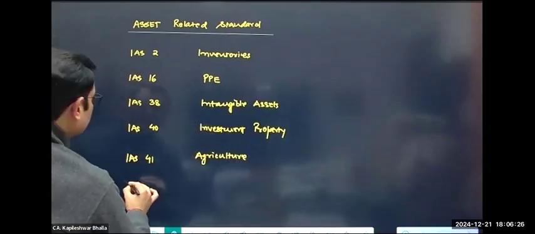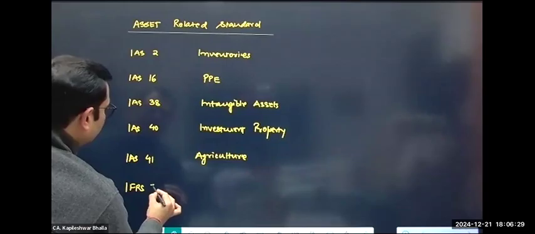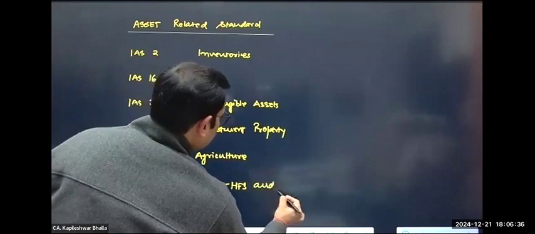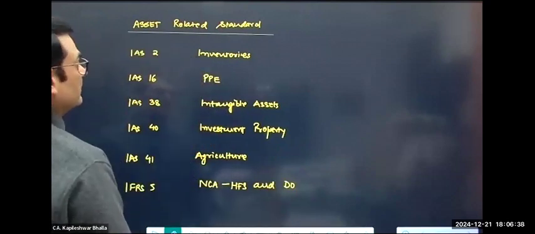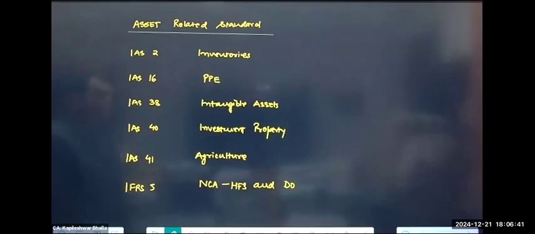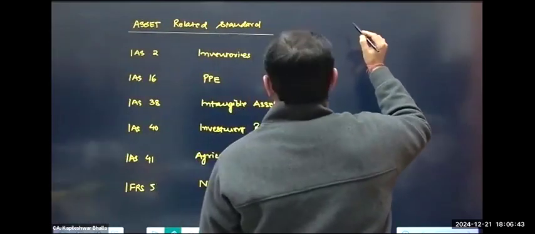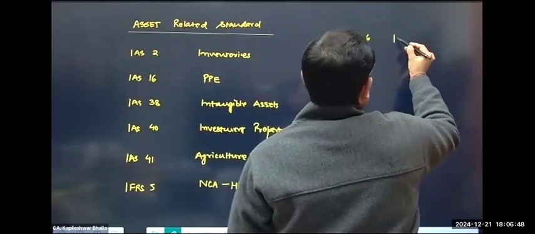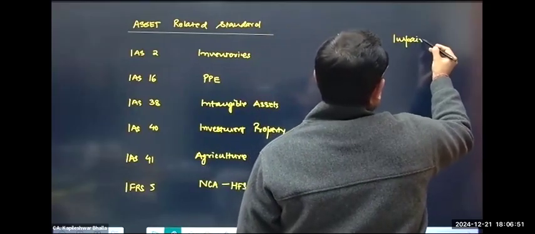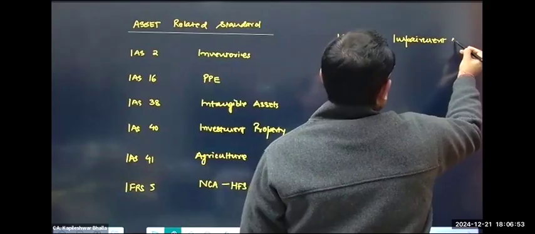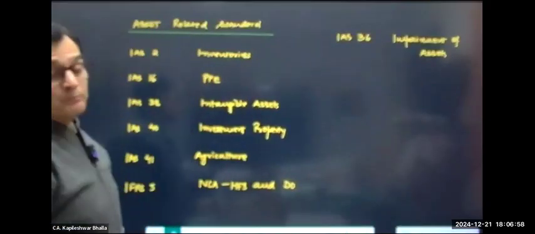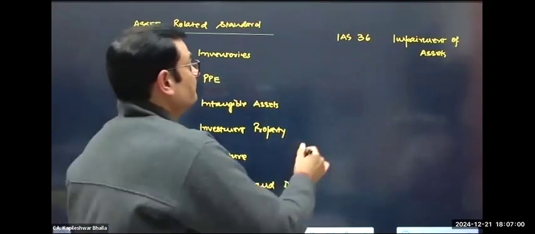And then we're going to come to another standard, that is IFRS 5, which is non-current assets held for sale and discontinued operations. That is the entire name of the standard. And then I'm going to take you further to IS 36, that is on impairment of assets. So that's a very important, crucial standard indeed.